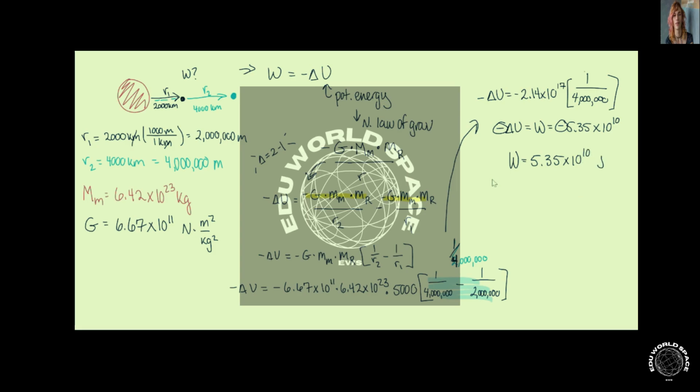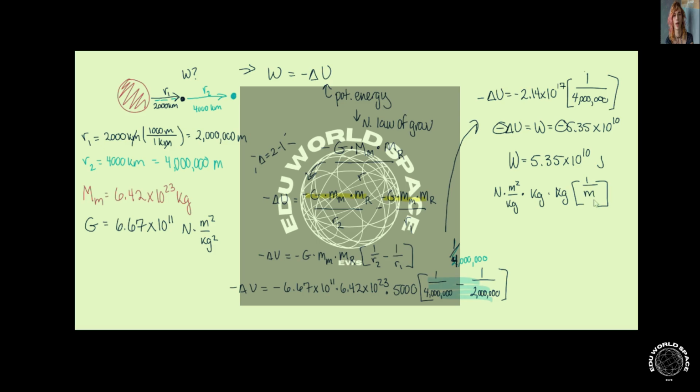And if you need to convince yourself of that, we have newtons per meter squared, kilograms squared. This is going to be multiplied by a kilogram and a kilogram, and that's going to be multiplied by meters, specifically 1 over a meter.